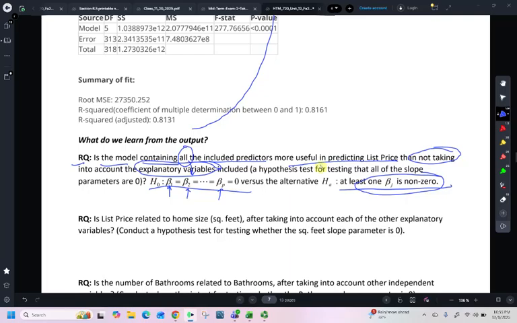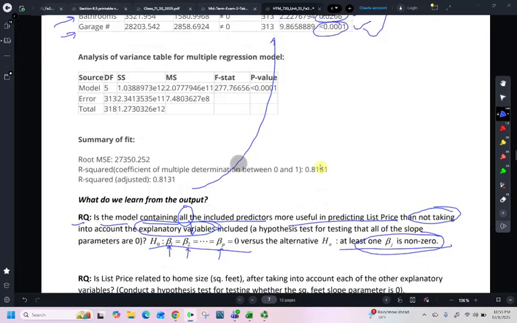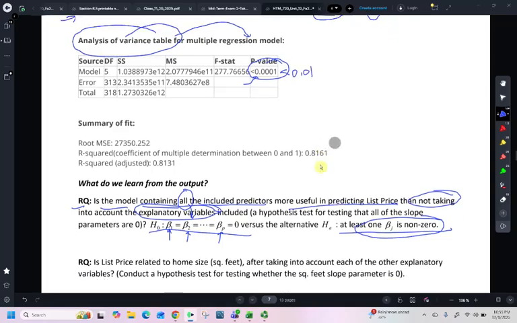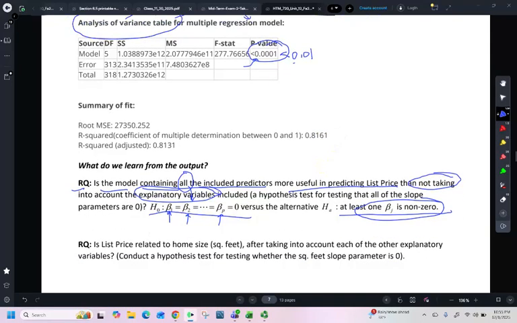To do that, we need the p-value from the ANOVA table for the regression model. And the p-value here is so small that it is smaller than 0.001. If it is smaller than 0.001, which is also smaller than the 1% level of significance, it means that we are going to reject the null hypothesis, which says that all of them are zero, or zero relevance.